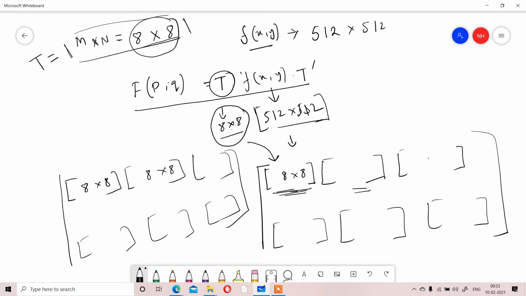So the disadvantage of that process is that whenever we consider the image, block processing is happening. It means the total image is split into a set of blocks, each of size 8 cross 8. As a result, whenever you apply DCT with block processing, you will get a structure like that.